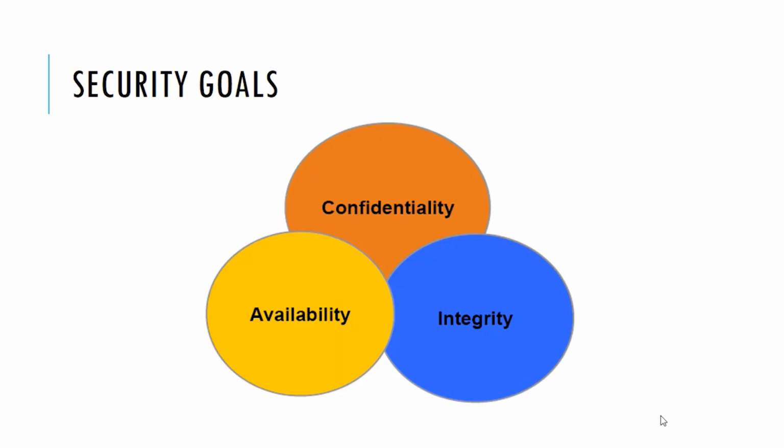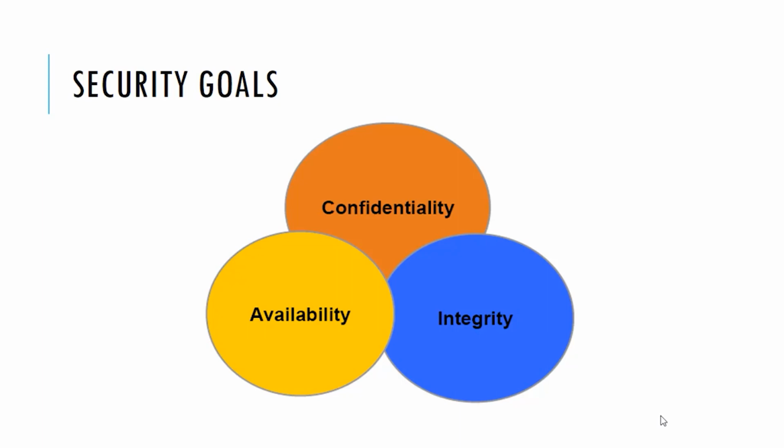What are the goals of security? The goals of security are to keep three important things: confidentiality, availability, and integrity of the resources you are securing. Confidentiality, integrity, availability, CIA. It is not the American intelligence, it is the security goals.